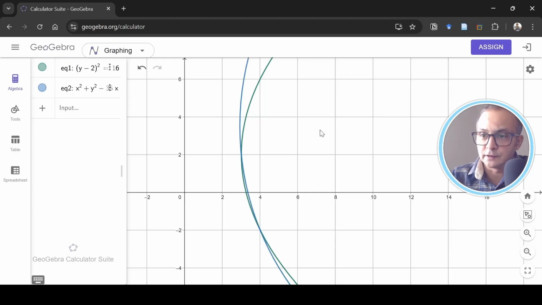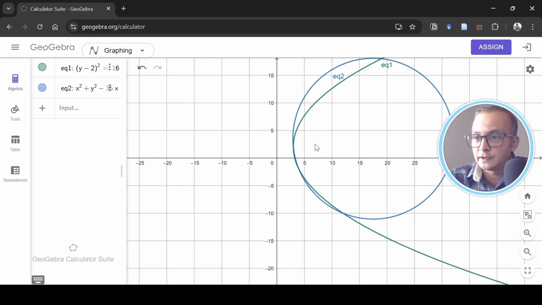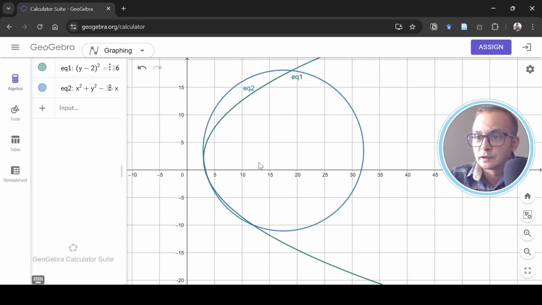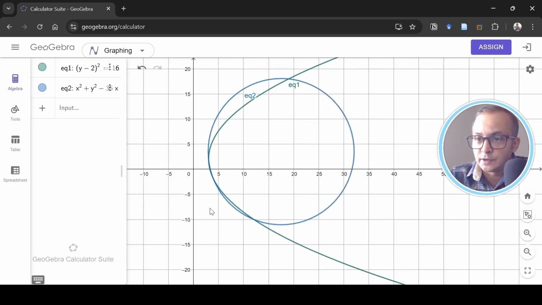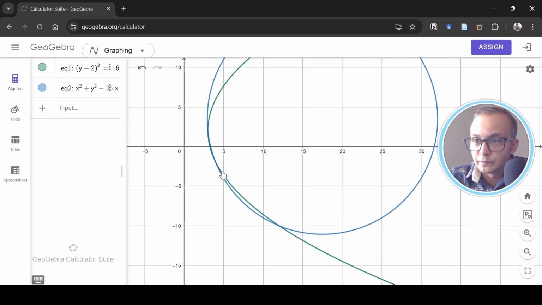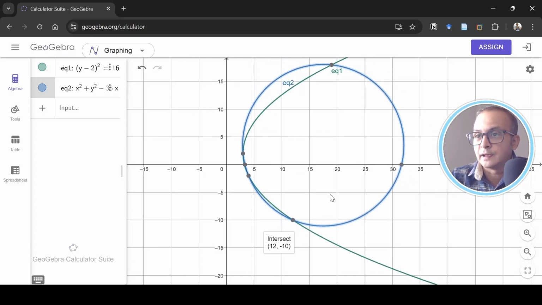You notice there is a very intuitive section here. They intersect at the vertex of the parabola and one more point, 4 comma minus something, in this original system. And there's one point here, 12 comma minus 19.